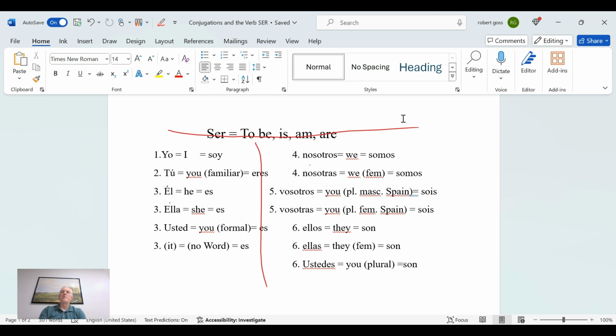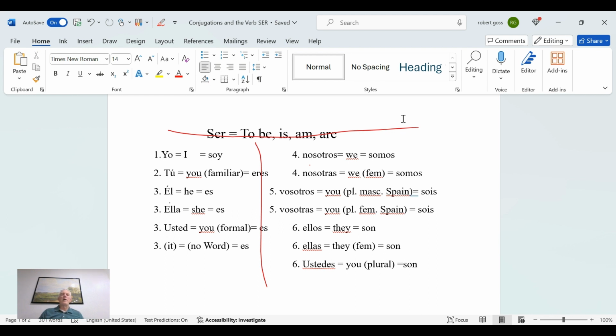Still have the same verb conjugation, son, but we would clarify it by saying ellas, they that are girls. Finally, the last one, ustedes means you, that is plural in all of the Spanish-speaking countries. So you, the plural, are, you all are. We would say ustedes son.